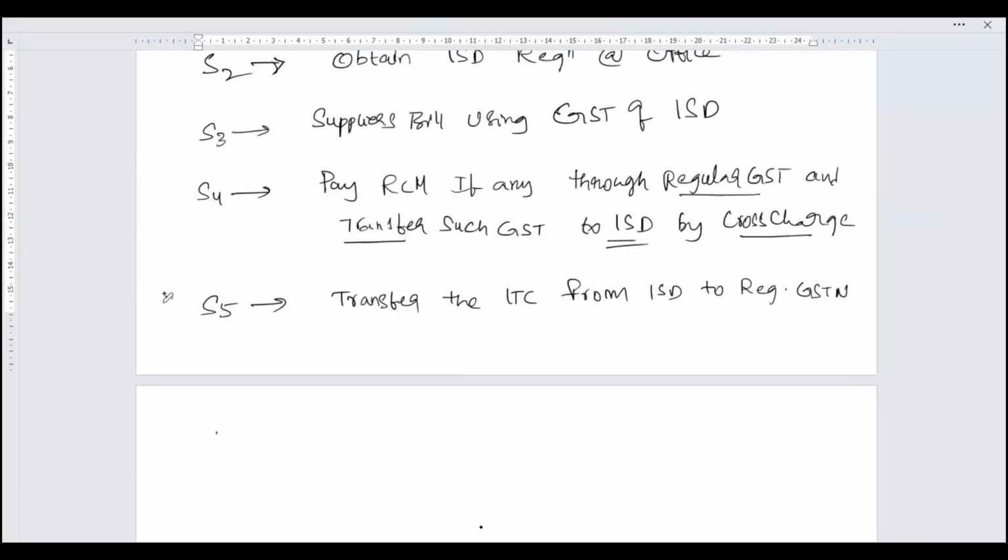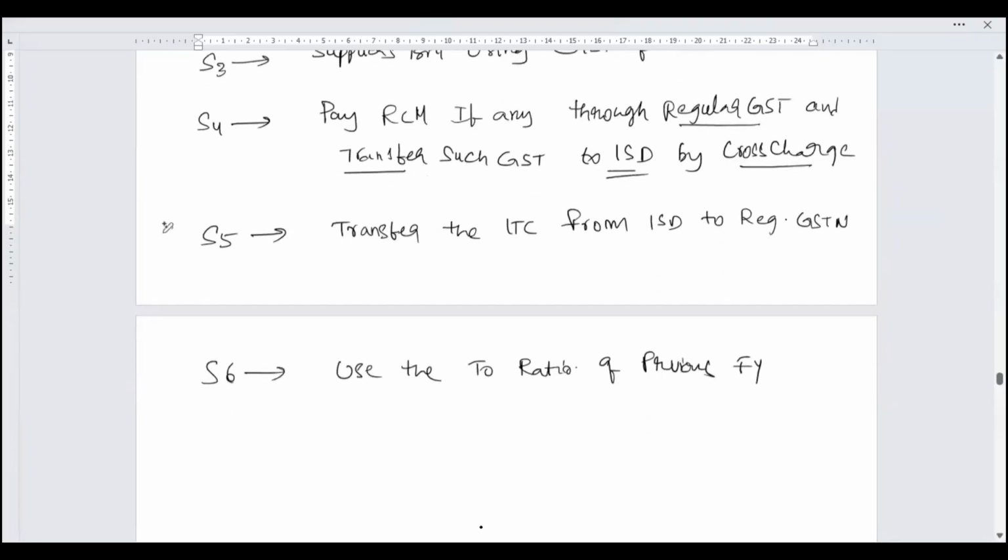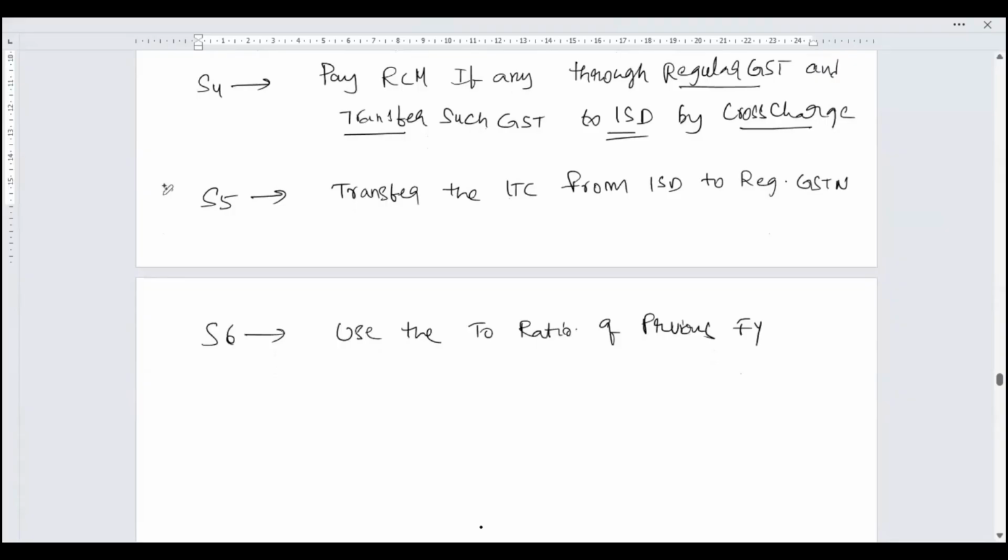Step 6. Use the turnover ratio of previous financial year. That means to say, if you have 28 states, state 1 divided by aggregate turnover into ISD credit.